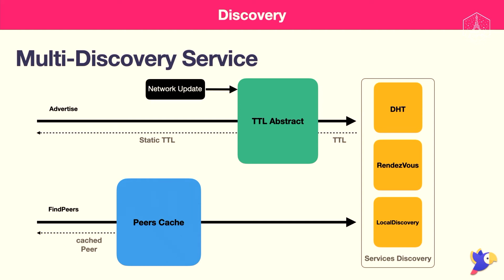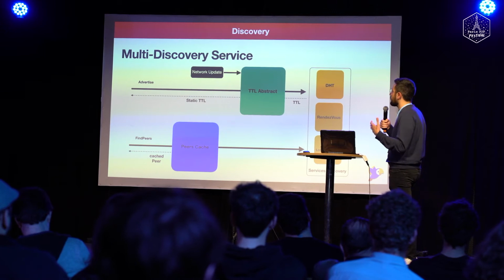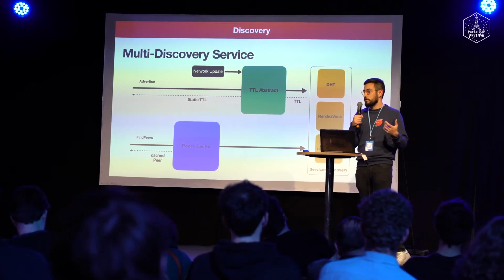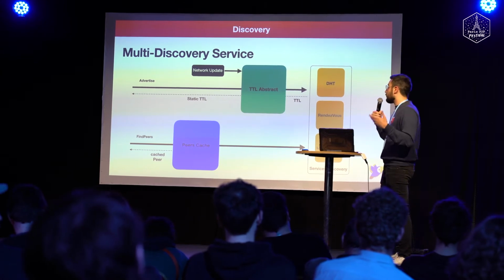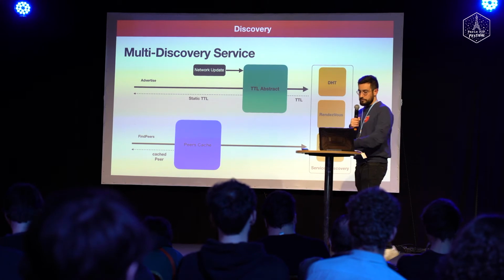Also, it will detect every network update, so it can advertise again by itself if you have any new address on your swarm or on your listener, I don't know. So you can advertise again on each service.